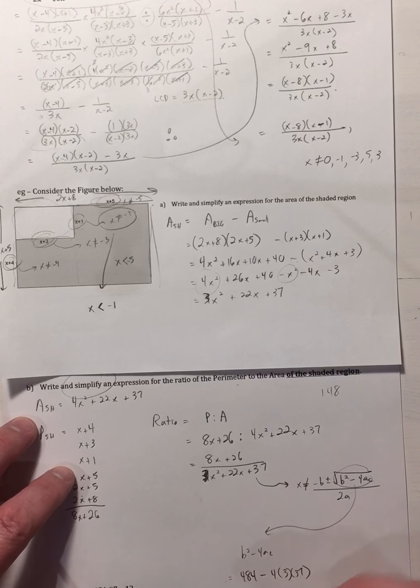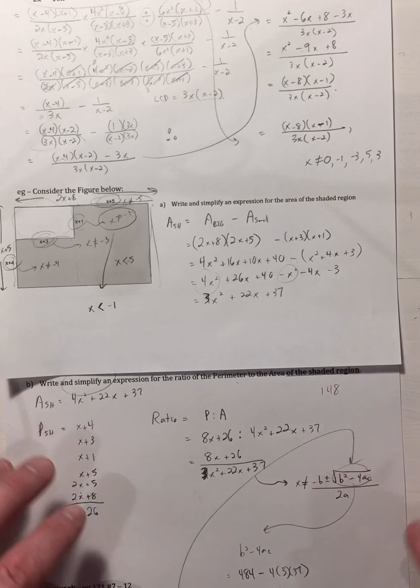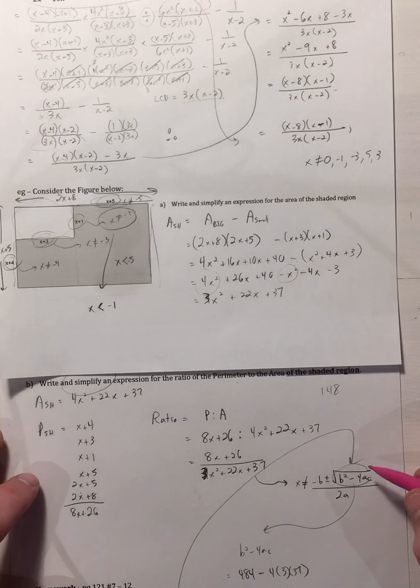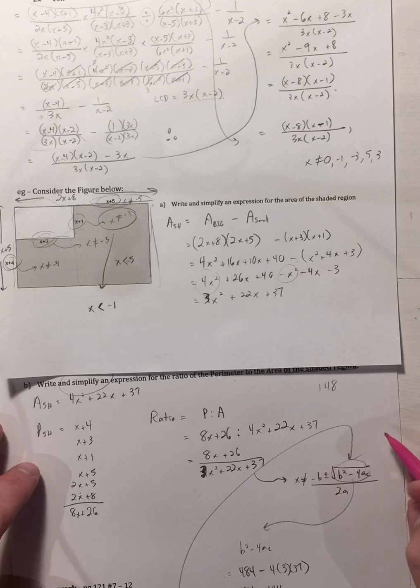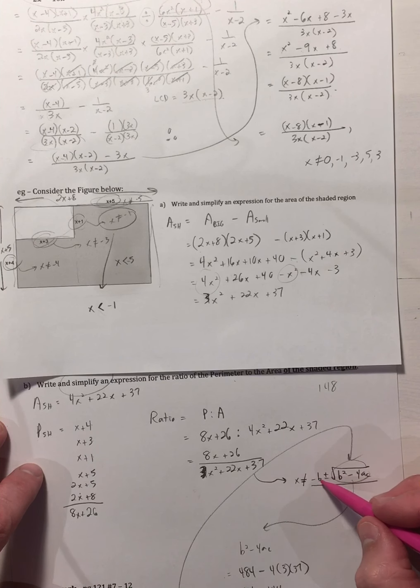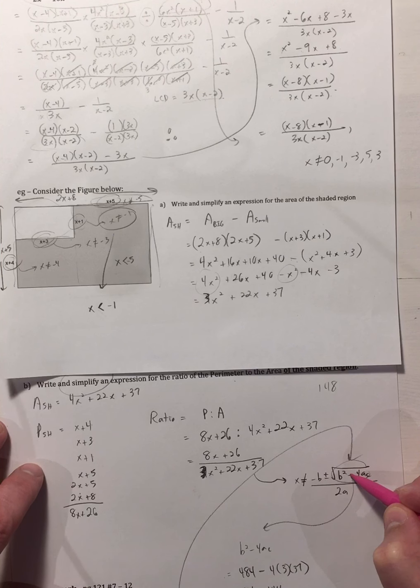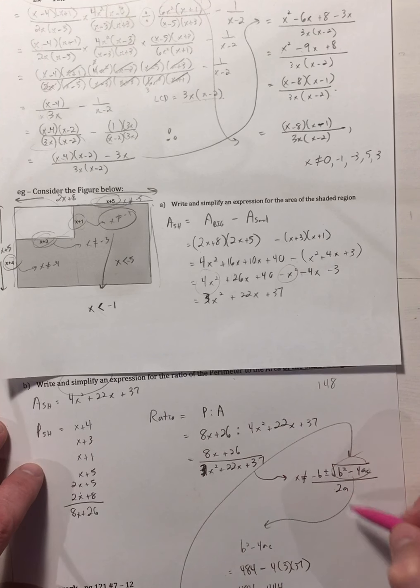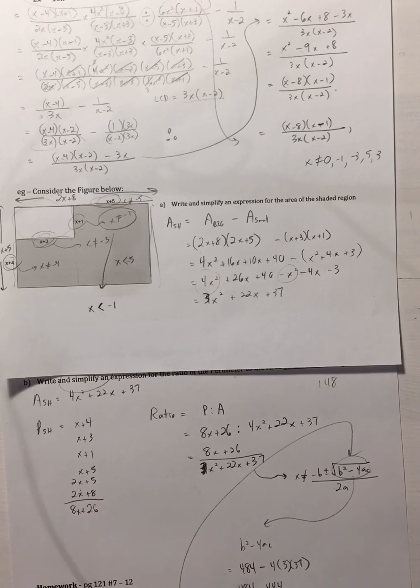Now, the root of 40 is not a whole number. Okay, but it is approximately 6.3 or something like that. So as a result, we could figure out that negative 22 plus or minus the square root of 40 divided by 2 times my a value, which is 3, would actually tell me what the particular values are that are the zeros for this situation.